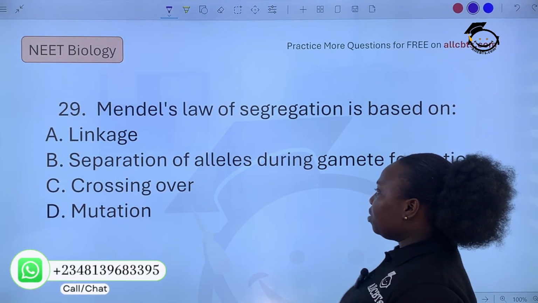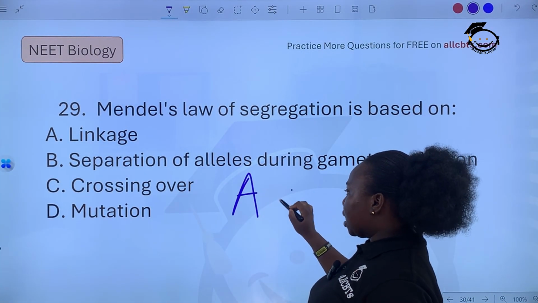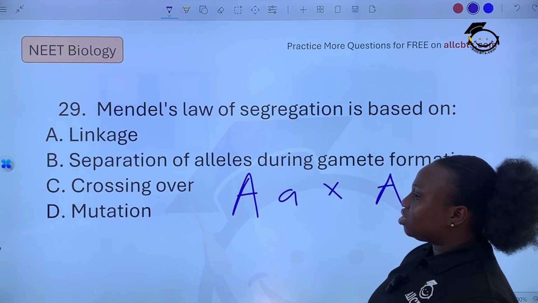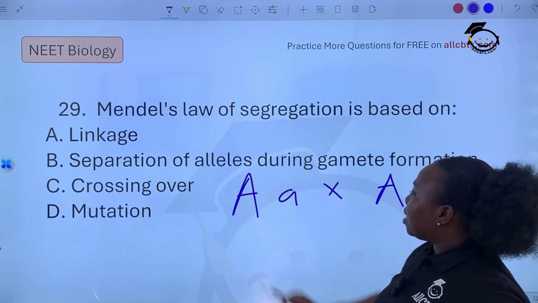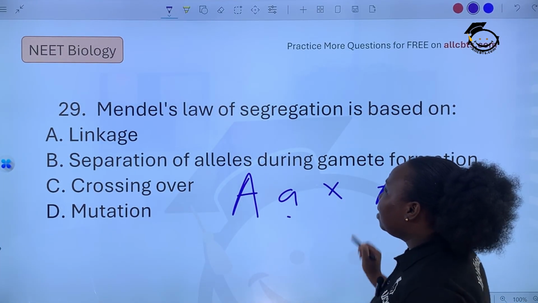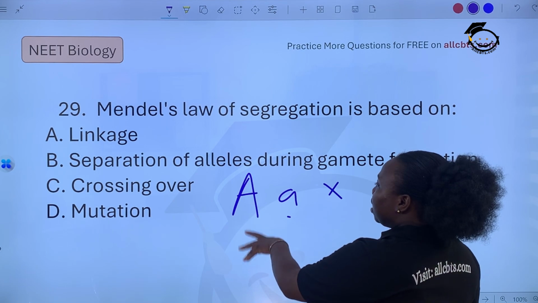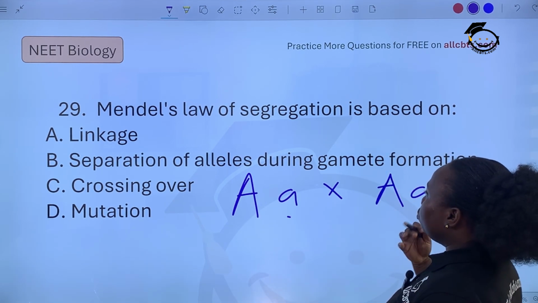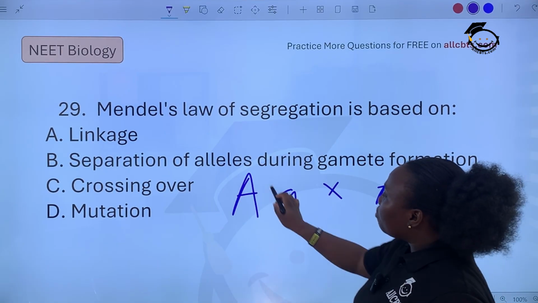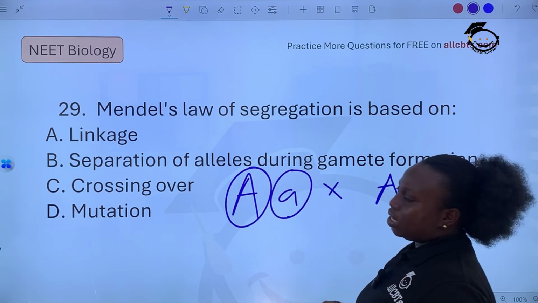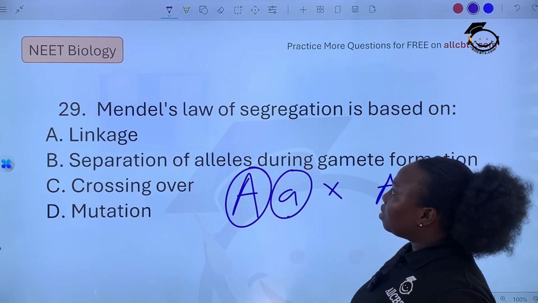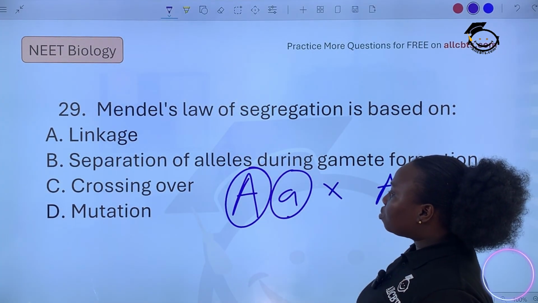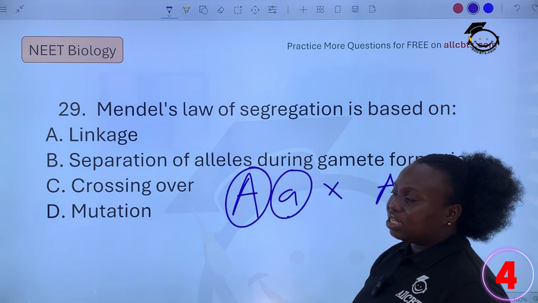We saw that you can cross AA and AA. When we are crossing this, we do not cross this AA together. Instead, we took the alleles. Together like this, they are traits, but when you take them one by one, they are alleles.